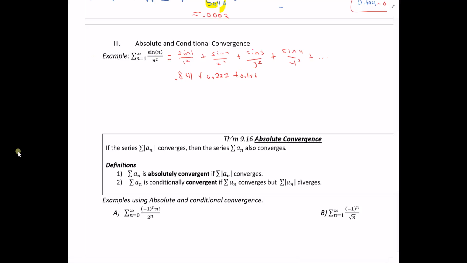And here's the interesting one, I believe, sine 4 divided by 16 is, oh no, this is why this one's weird. You get a negative there, right? Which is like, oh shoot, this is not an alternating series. It's not going positive, negative, but this is going to be negative. And if you recognize that sine is going to be negative for a little while, and then it'll come back around and be positive again, and it'll alternate between positive and negative, but not like an alternating series, right? It's not going to just bounce back and forth every single time. And so we can't use the alternating series test on it.